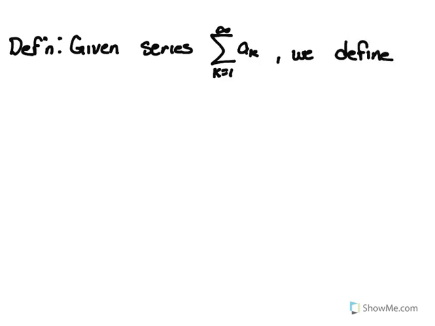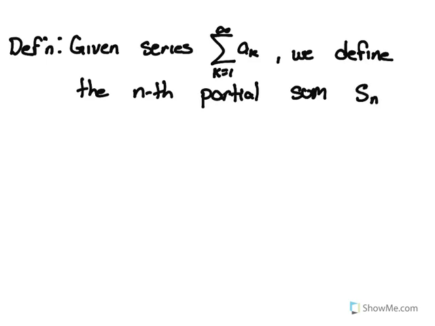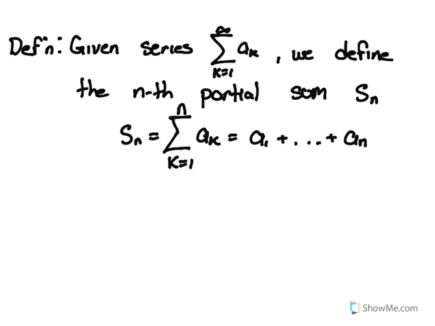So given a series, the sum of ak from k equals 1 to infinity, we define the nth partial sum, which we'll denote as Sn, as the sum of the first n terms in the series. So k equals 1 all the way up to n, a1 plus all the way up to an.